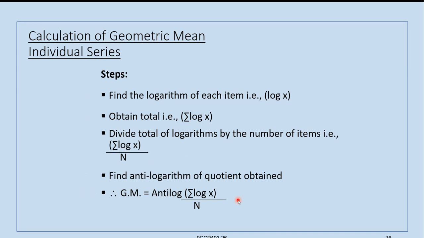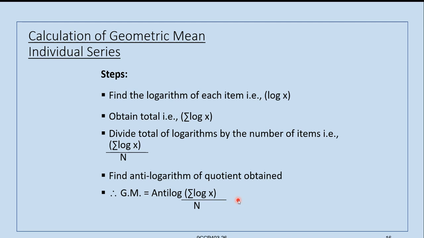Find the logarithm of each item and put it in the third column, that is log x. The heading of the column is log x, and obtain the total of the log x column, that is called sigma log x, and divide the total of logarithms by the number of items, that is n, and find the anti-logarithm of the coefficient obtained.